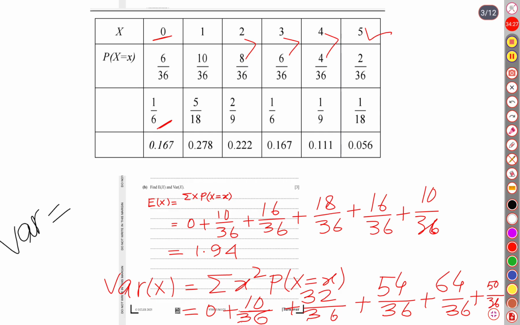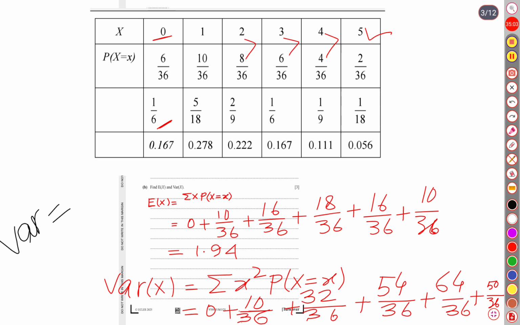Using the calculator to simplify, 10 over 36 plus 32 over 36 plus 54 over 36 plus 64 over 36 plus 50 over 36, then minus our mean value. But where is the space to write it?